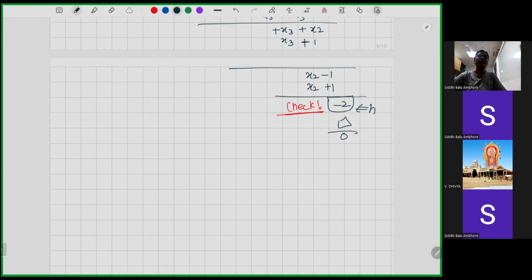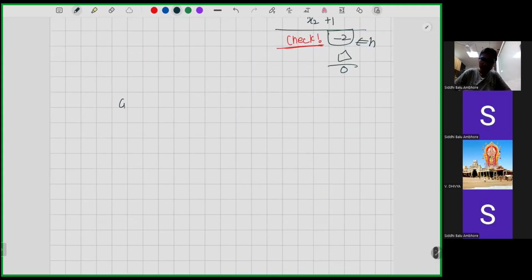So now my G was x1 square minus 1, x1 x3, and x2 power 4. Okay, this is my G. And now I want to find all the possible S pairs of these elements.